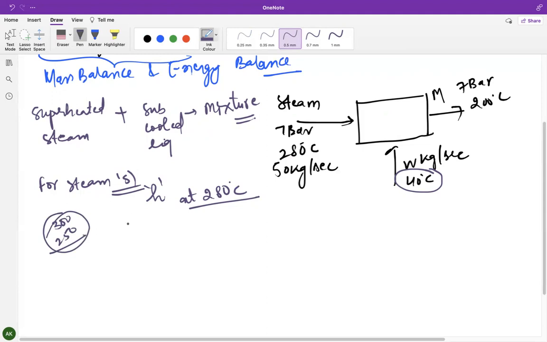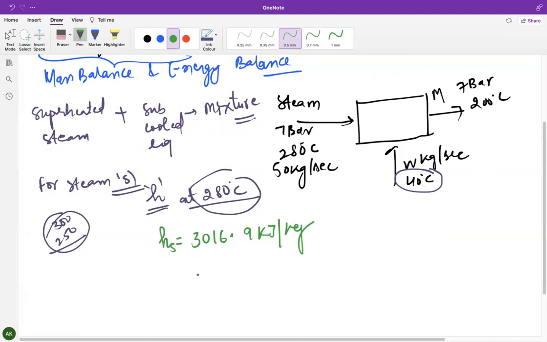Otherwise, drop a comment down below and I'll make a separate video on the interpolation method. We will find the value of enthalpy at 280 degrees Celsius, which comes out to be 3016.9 kilojoules per kg. So this is your value of enthalpy of S.